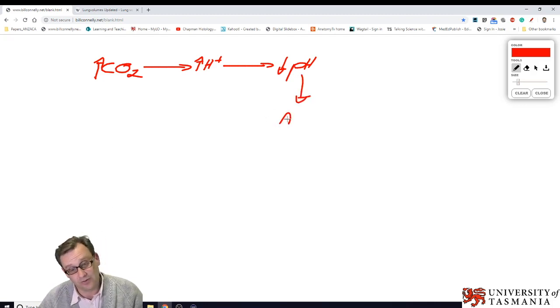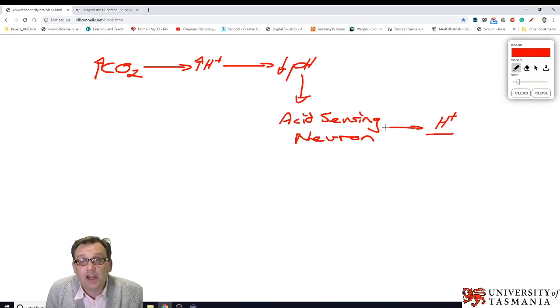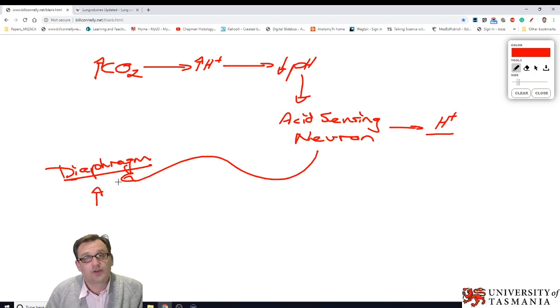because we have acid sensing neurons, right? So these effectively have receptors that detect free hydrogen ions. They detect a change in pH in the bloodstream, and through a neural process, they send signals out to the diaphragm that increases the contraction of the diaphragm and increases the respiration rate.